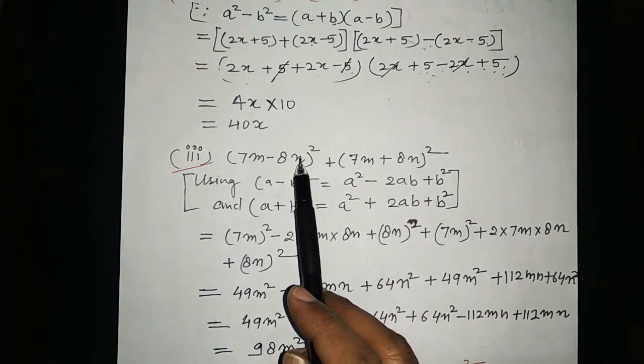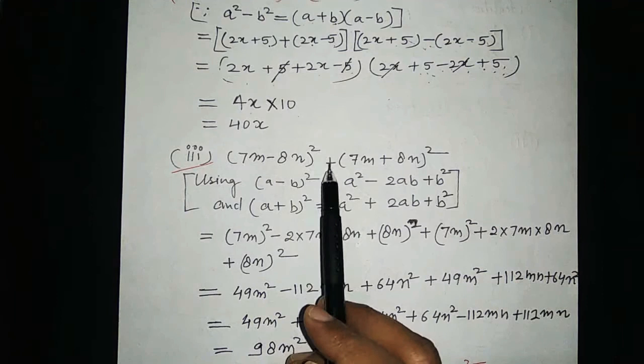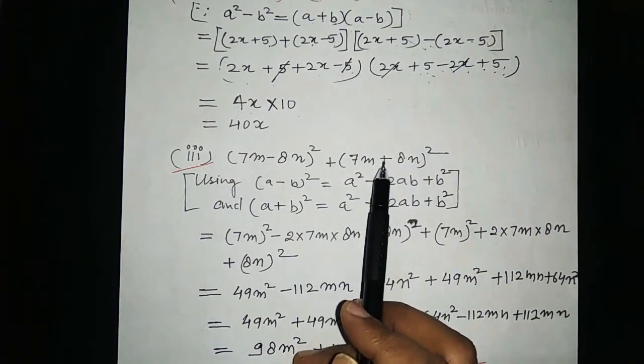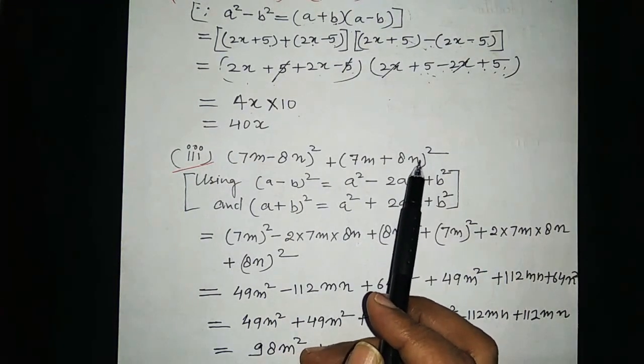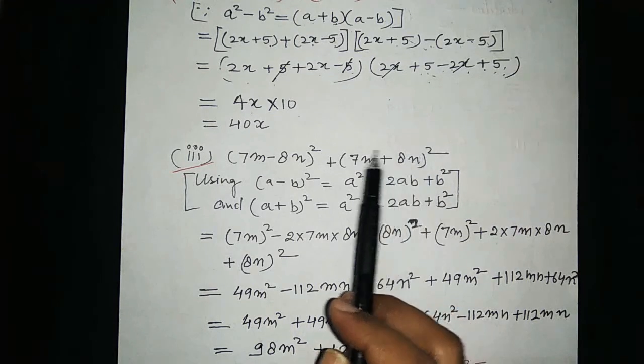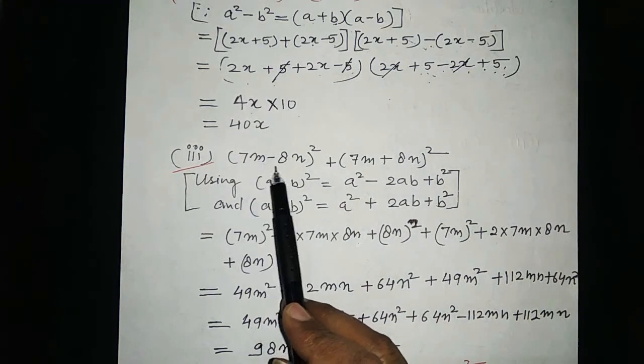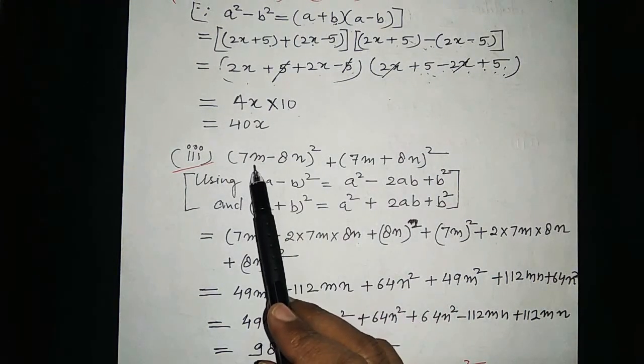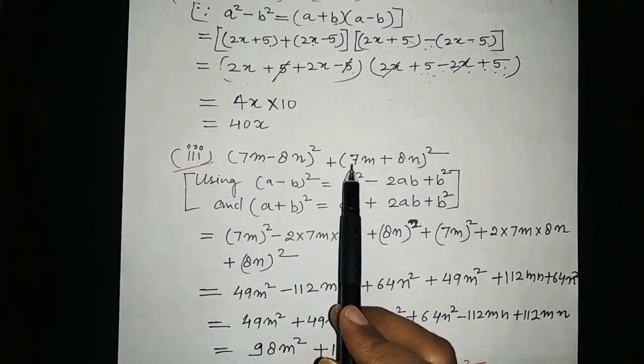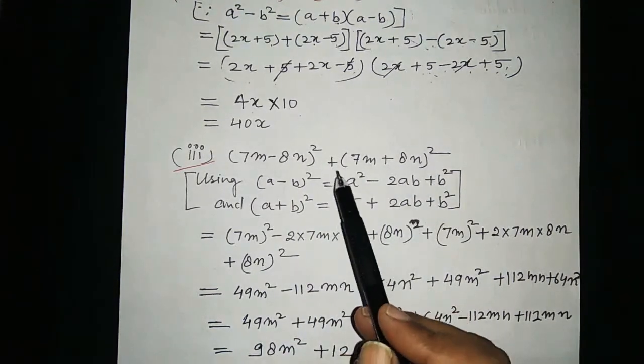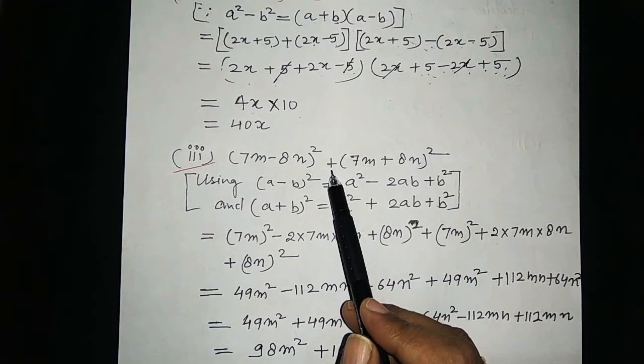Now see the third part of the question number 4. (7m - 8n) whole square plus (7m + 8n) whole square. Here students, you cannot use the identity a square minus b square because here we can see plus sign. So we cannot use a square minus b square.